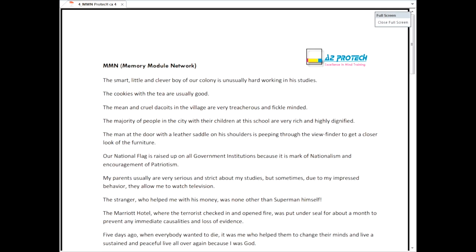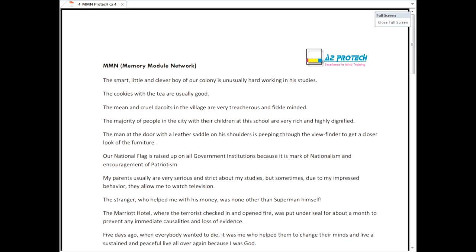ठीक है. अभी आप ही पढ़िए और आप ही दोहराइए बिना देखकर. In the city with their children at this school are very rich and highly dignified. Okay, I want the last segment to be like are very rich and highly dignified, एक ही सांस में. Okay, it's a connector but we'll pause a little but will not break. Okay, do it again.